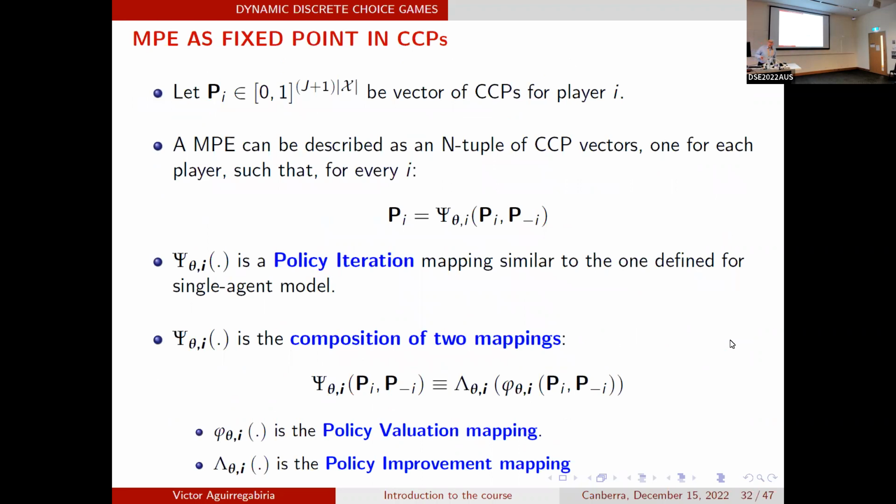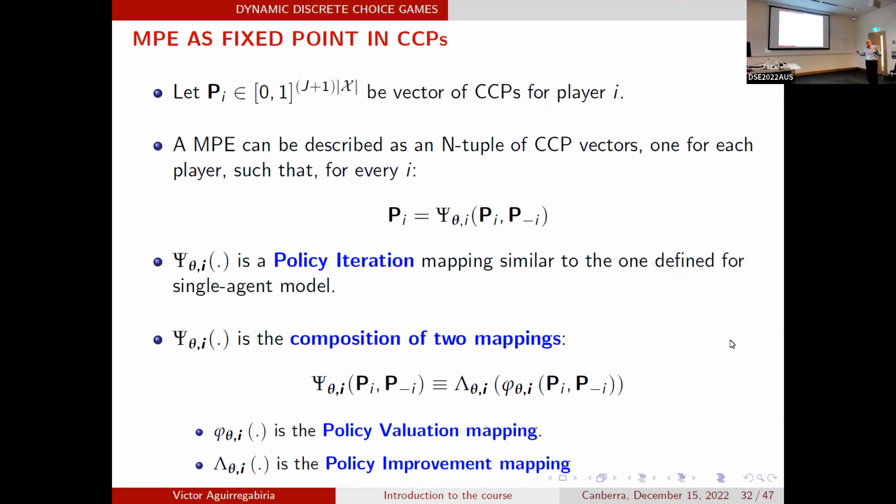And then in that case, we have also a similar type of definition of a Markov perfect equilibrium, but now we can describe it in terms of choice probabilities. Similarly, as we have described the solution of a dynamic programming problem in terms of choice probabilities, we can also define a Markov perfect equilibrium in terms of choice probabilities, okay? Each player has a vector of choice probabilities for each possible action and each possible state of the game.